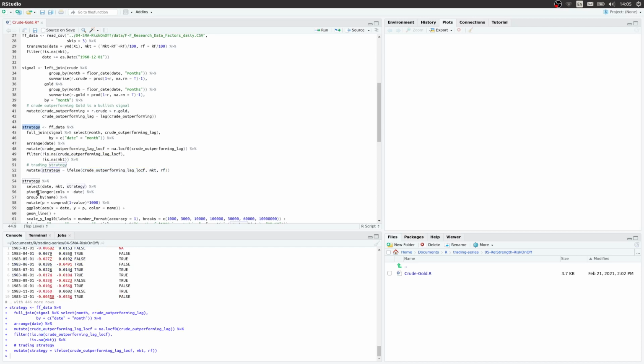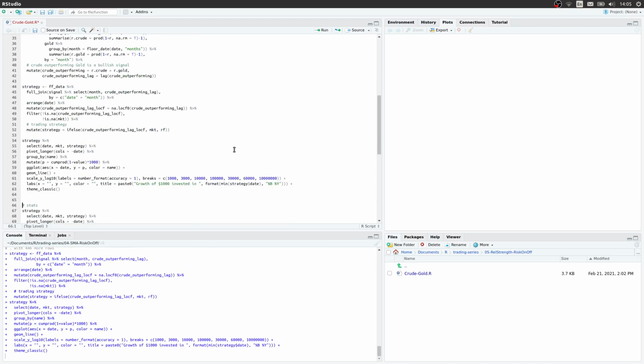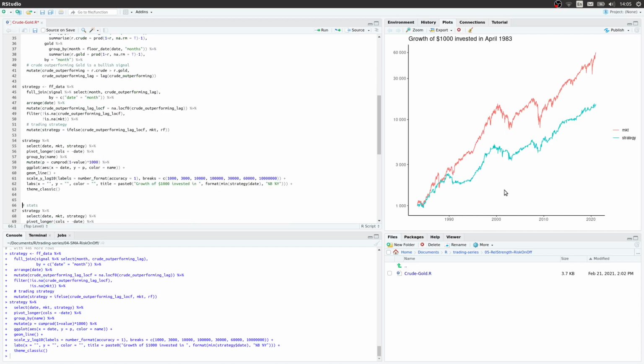And for the strategy, we can have a nice plot, and you see that the strategy didn't manage to outperform the market in absolute terms, which might be a disappointing finding, because you see the market went up from 1983 to most recently the end of 2020.